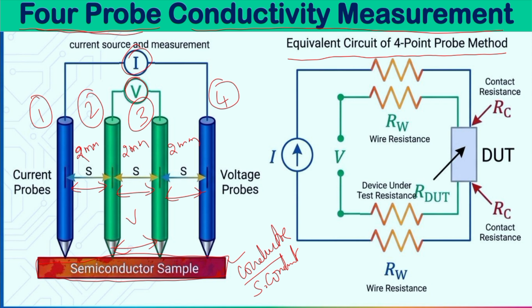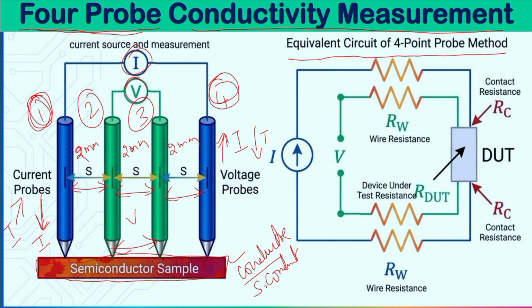As we talked about, the outer probes, probe 1 and probe 4, are used to send the current. Let us say you are sending the current in this direction through probe 1, then we will be collecting the current in the other probe, where it comes out.